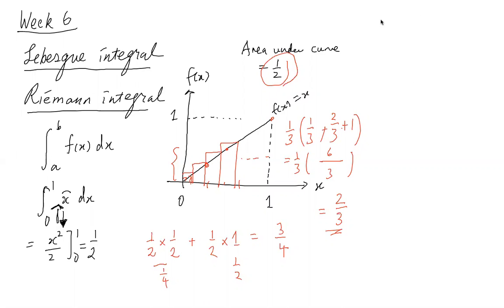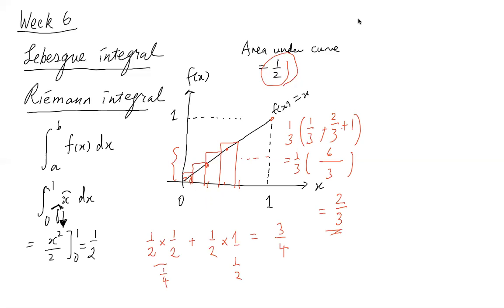So this means that there's a connection between the area under the curve and a limiting process, right? So first we will produce a general form.